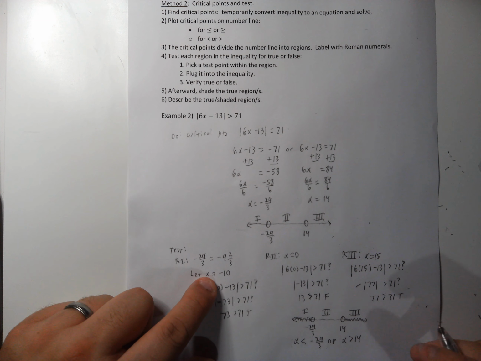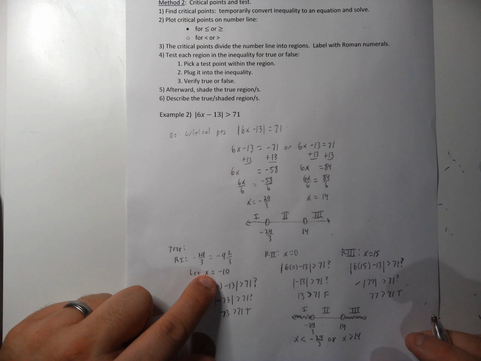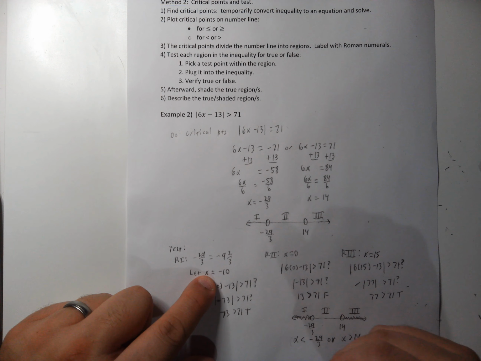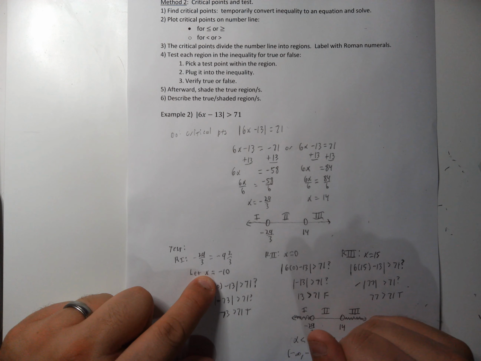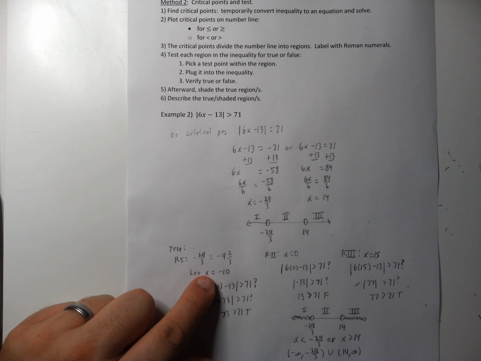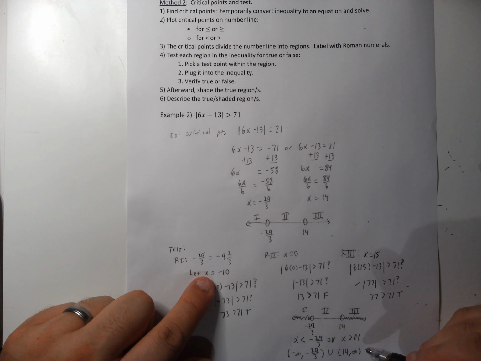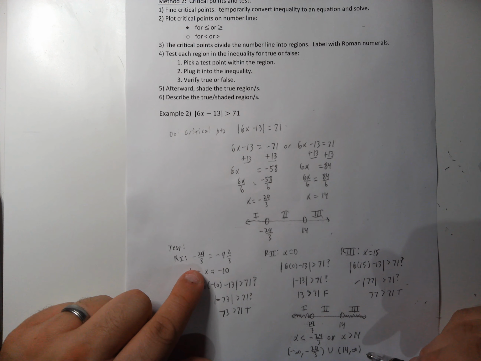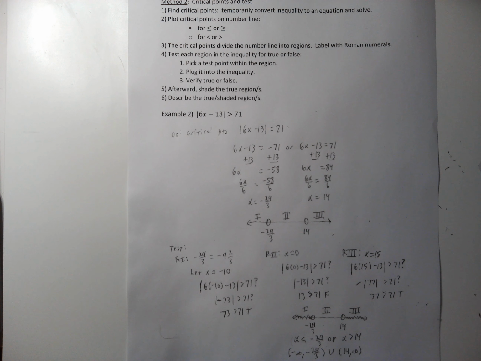In interval notation, this would be negative infinity to negative 29 thirds union 14 to infinity. Okay, traditional notation, interval notation. All right, and that takes care of that.